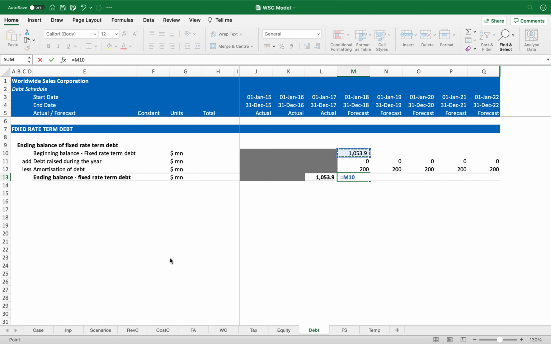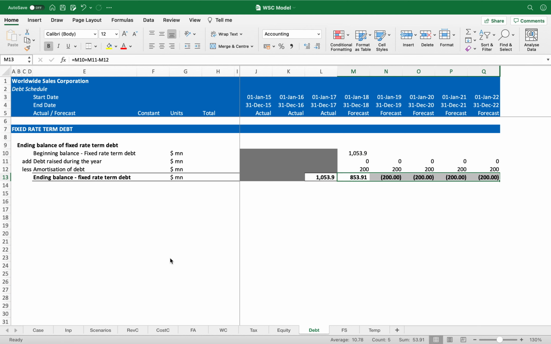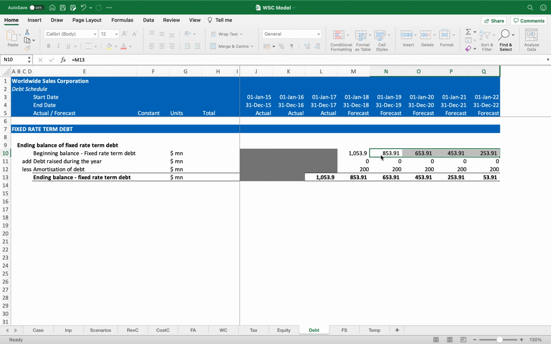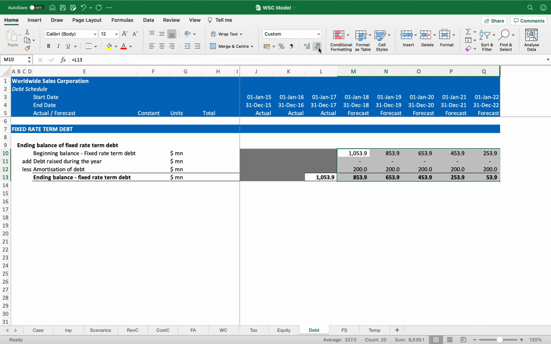Closing is your beginning plus raised minus amortization, and that's it. This will give you your ending balance of fixed rate term debt. I'll give you some seconds, do this computation.